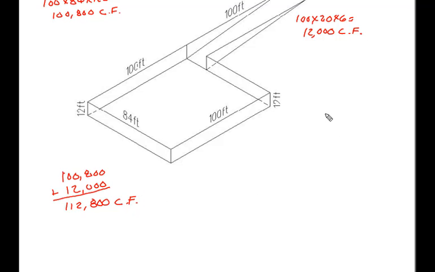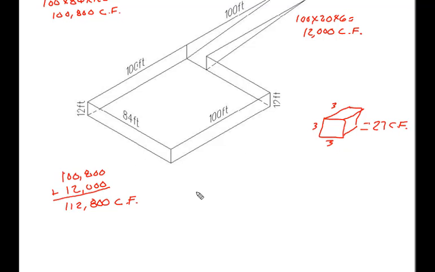And we know that for every cubic yard, there is 3 feet by 3 feet by 3 feet. So 3 times 3 times 3 equals 27 cubic feet in 1 cubic yard.